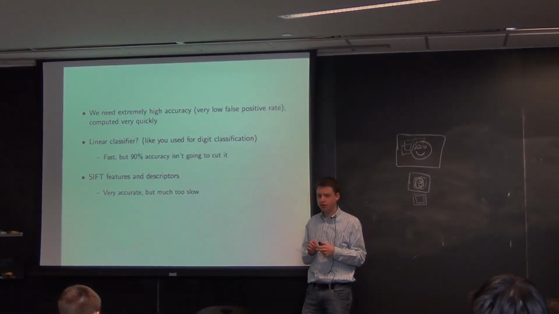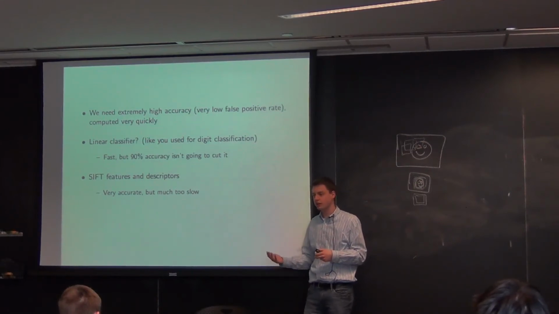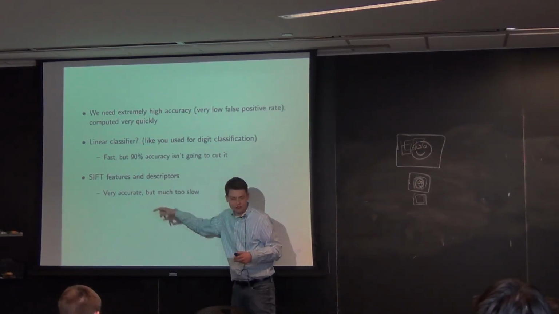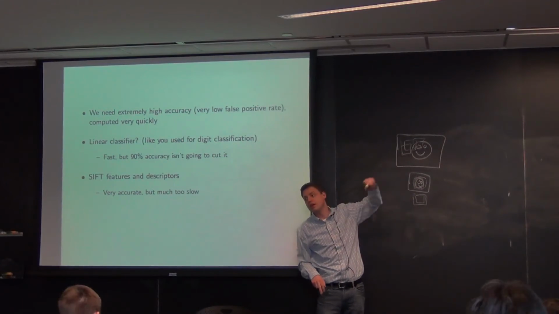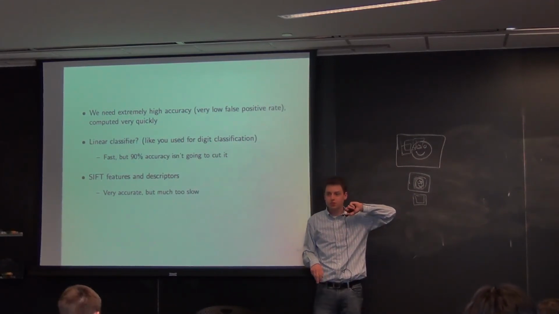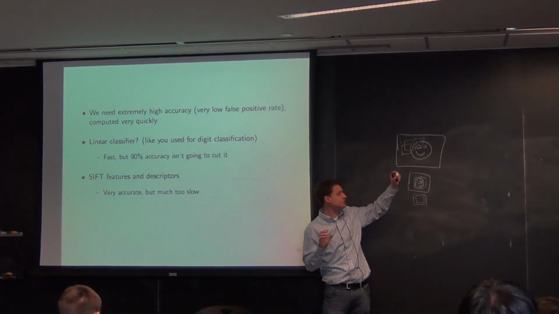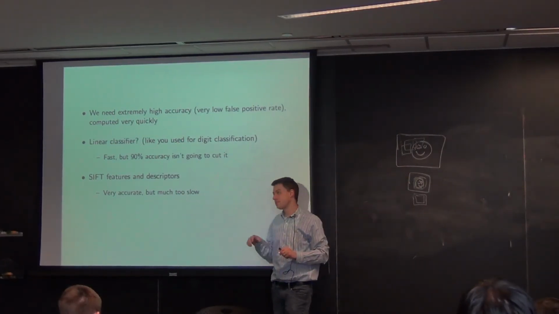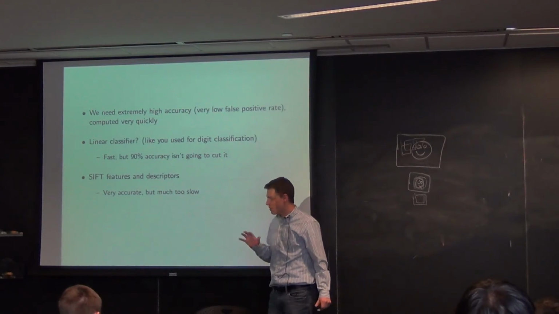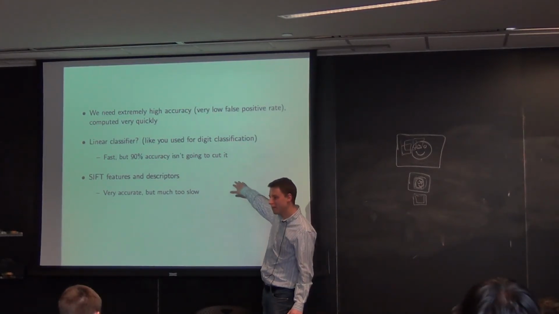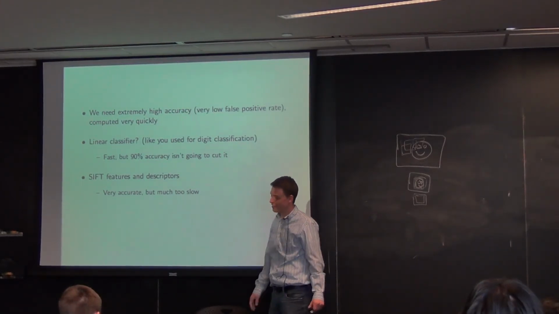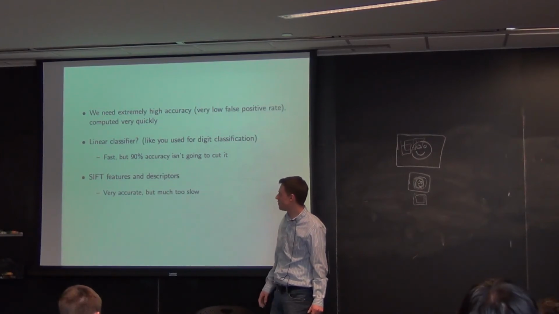SIFT features are fine. There are actually faster versions of these things, but imagine computing this on every single possible window there. That's incredibly slow. Even with some of the scale invariance of SIFT, you get these really slow processes. You can probably make them work better now than you could when this paper came out. This paper that I'm going to show you is now almost 15 years old.